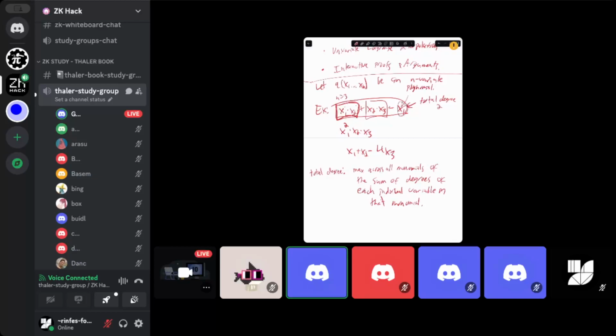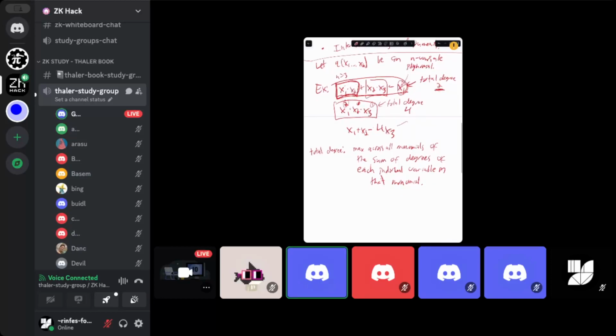This monomial, just x1, has total degree 1, but we take the max across all the monomials, so the total degree of this polynomial is 2. This one has total degree 4, because the total degree is 2 plus 1 plus 1. And this one has total degree 1.